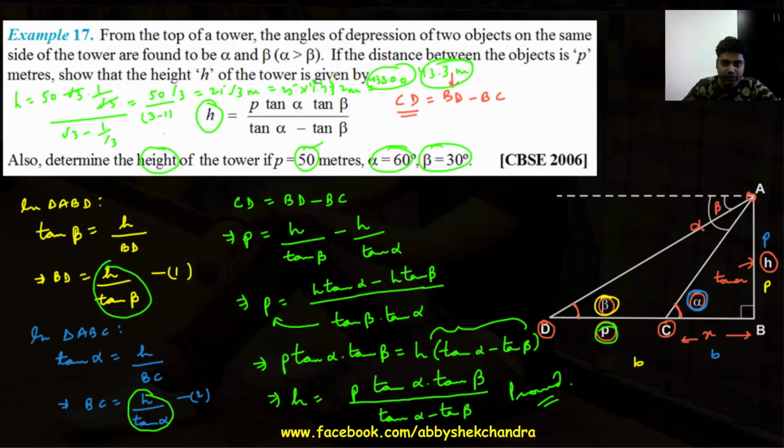I'm not showing the actual working for this in detail, because this is a very simple thing. You just have to substitute the values and get to the answer. So I've given you the answer, it will be 43.3 meters.